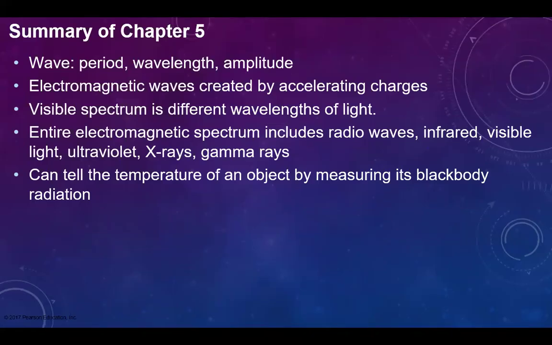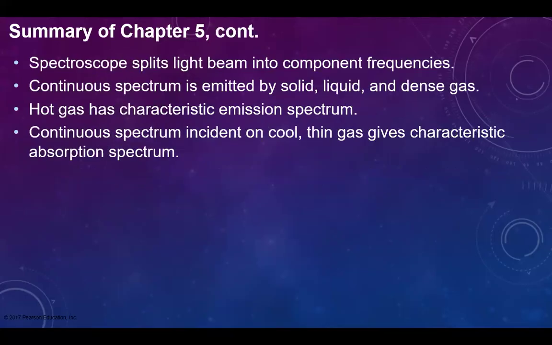Remember that a wave has a period, a wavelength, and an amplitude. Electromagnetic waves are created by accelerating charges. The visible spectrum is different wavelengths of light. The entire electromagnetic spectrum includes radio waves, infrared, visible light, ultraviolet light, X-rays, and gamma rays. You can tell the temperature of an object by measuring its blackbody radiation. A spectroscope splits light beams into their component frequencies.